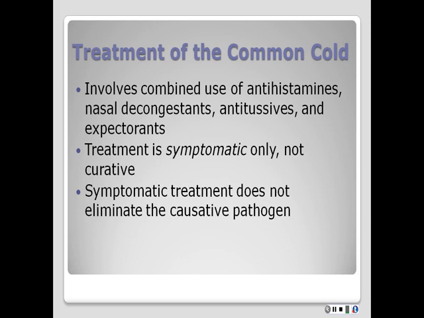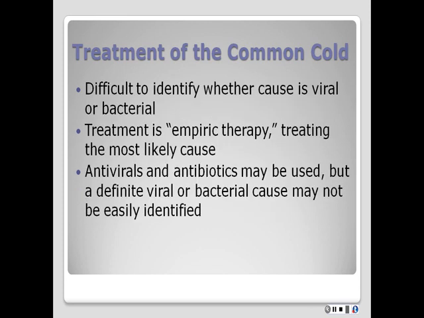So again, if it's a viral infection, then you'd use antivirals, or if it was a bacterial infection, then you would need antibiotics. Sometimes it's difficult to identify whether the cause is viral or bacterial, so they'll do what is called empiric treatment, which is treating the most likely cause.